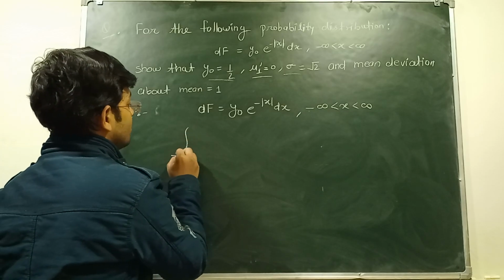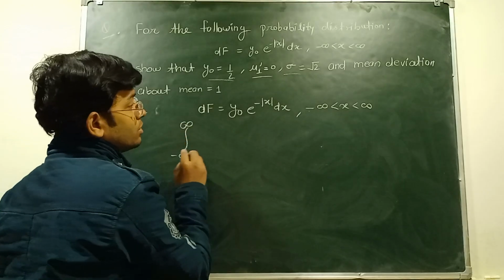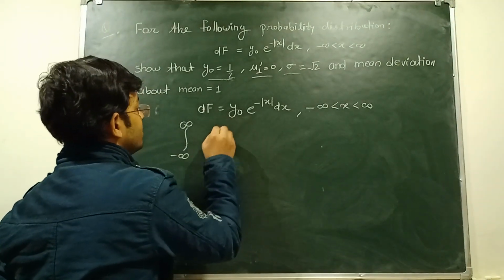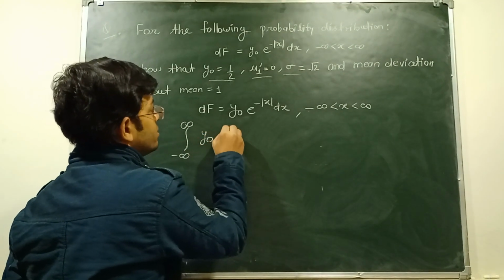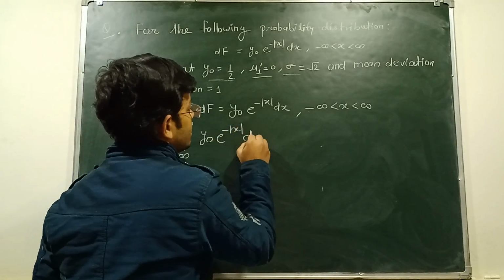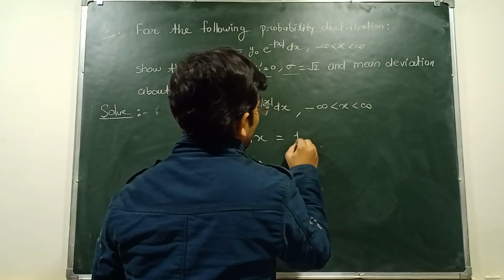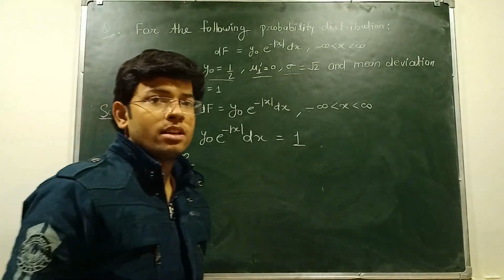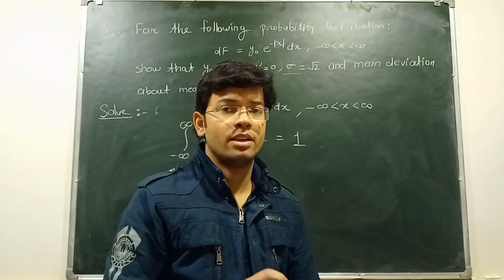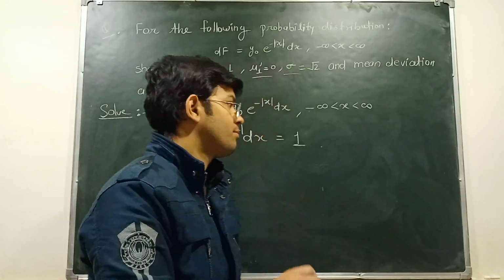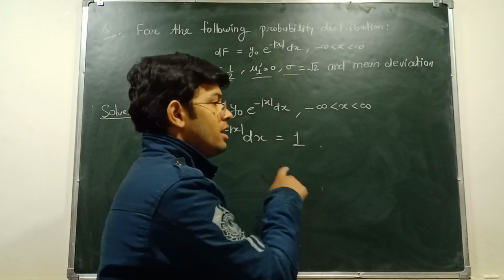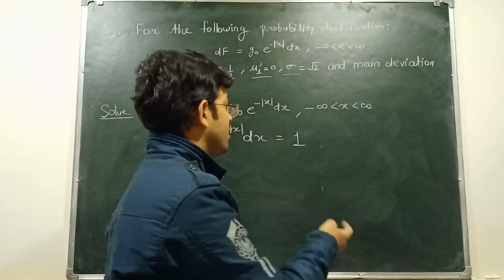In this case, we have the limits and the function: y0 e to the power minus mod x dx is equal to 1. Why 1? Because when we find the value of a constant, we write 1 on the right side.